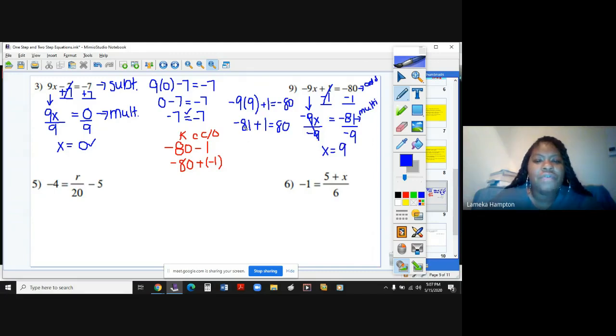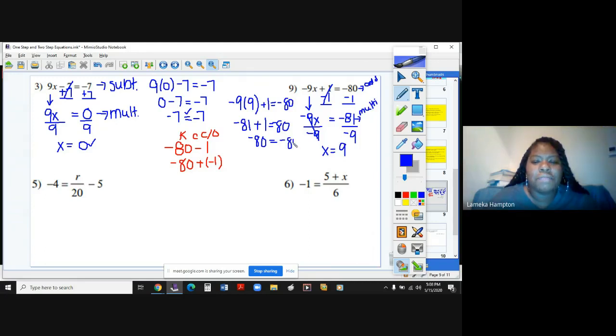Now, -81 plus 1. So again, I'm going to use the example of money. If I was -$81 in my account, Lord, I pray that that's none of us. But if I was -$81 in my account and I was just blessed to put $1 back into my account, that means I still, let me put my negative right there, I still would be -$80, which means I have a long way to go.